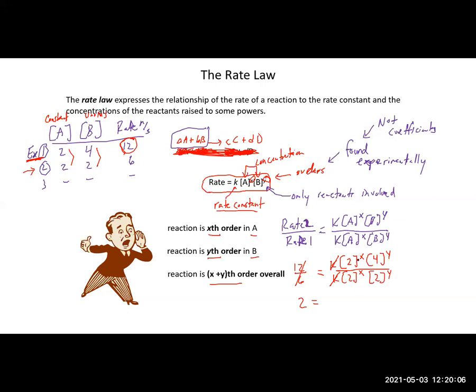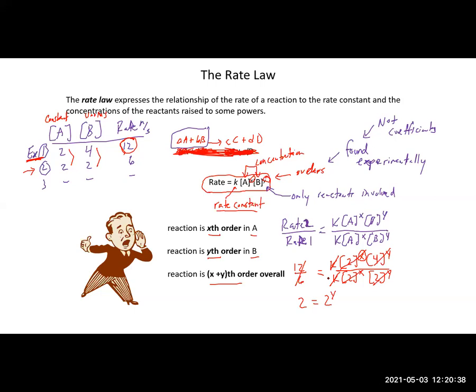Again, I do not know what the order x is at this point, but I do know it is going to be the same on the top and the bottom, which means they will cancel out. When I take my B concentration, which is 4 on top, 2 on the bottom, that leaves me with 2 to the y. Any questions at this point?